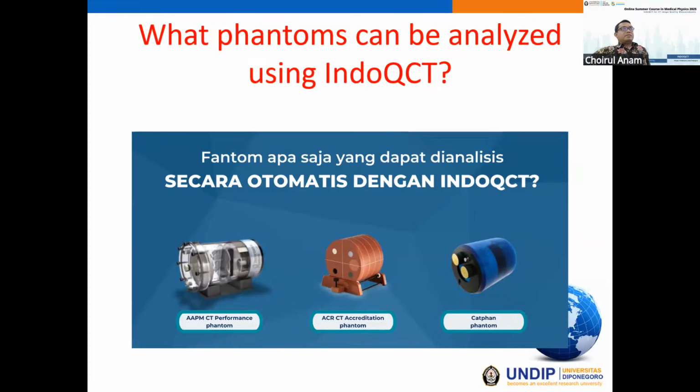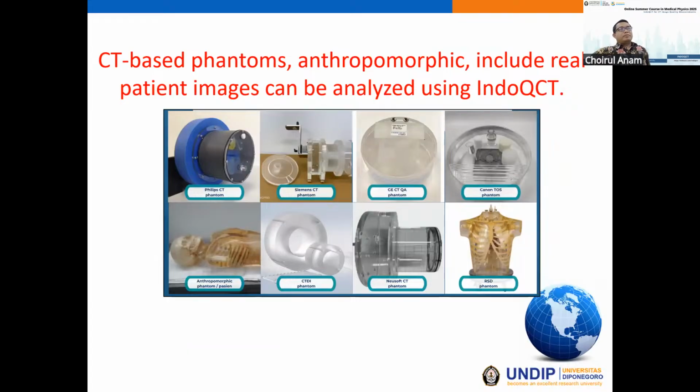And what phantoms can be analyzed automatically using the IndoQCT? Basically, the IndoQCT can measure the image quality from various phantoms in the market, such as the AAPM CT performance phantom, ACR CT accreditation phantom, CATPHAN phantom with the various types, and also the phantoms from the vendors, such as the Philips phantom, Siemens phantom, GE phantom, Canon phantom, Neusoft phantom.